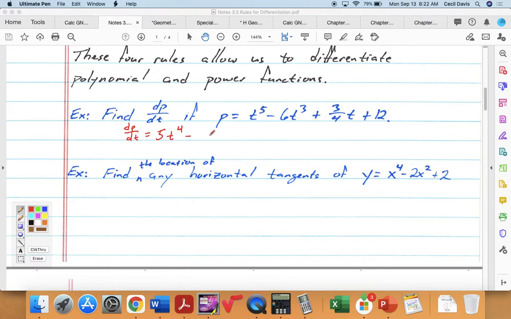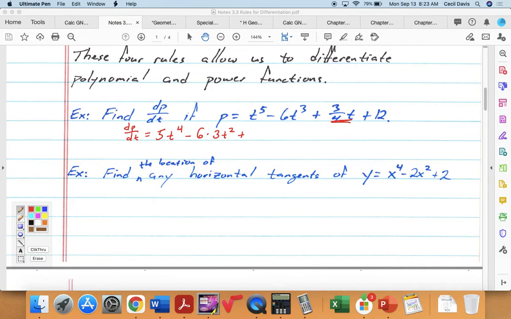Then minus, since this is a constant multiple, we will keep it. 6 times the derivative of t cubed, which is 3t squared. Plus, for this next part, you can think of it as using the power rule, or you can just go 3/4 t.